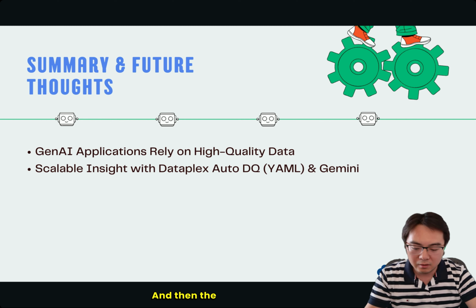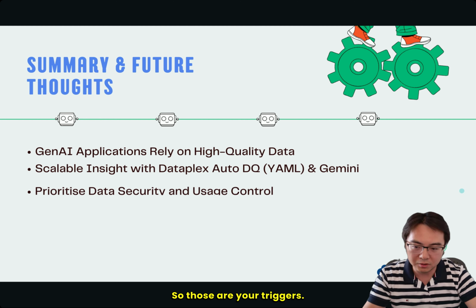And the metadata generated by Dataplex Auto DQ really gives you that in the BigQuery table, which you can utilize. This is very, very powerful. Whether that's for the Looker dashboard I've created, or if you want to do notifications, those are your source of truth, right? So those are your triggers.